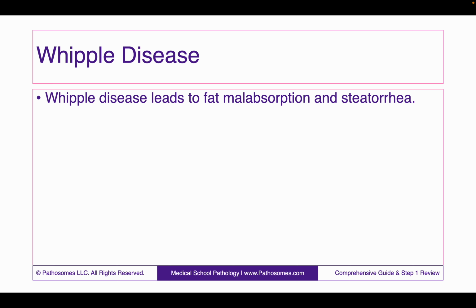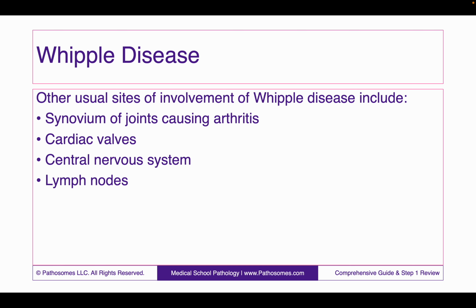And guess what? The patient will likely poop out all their fat-soluble vitamins. Other usual sites of involvement of Whipple disease include the synovium of joints, causing arthritis, the cardiac valves, the central nervous system, and even the lymph nodes.